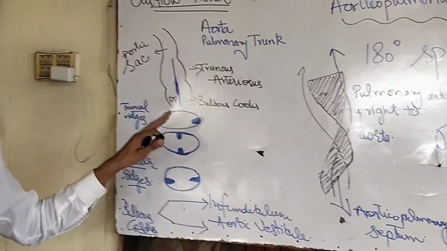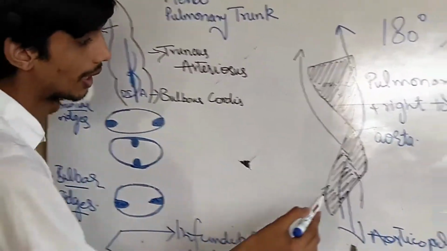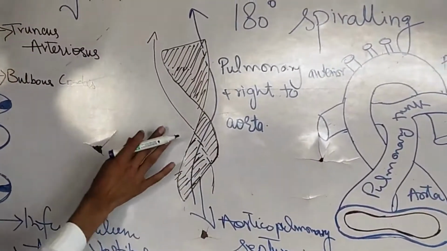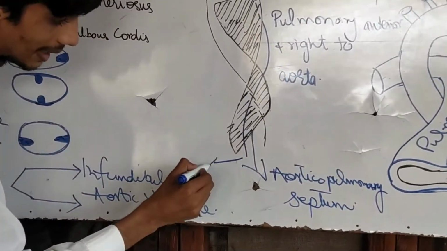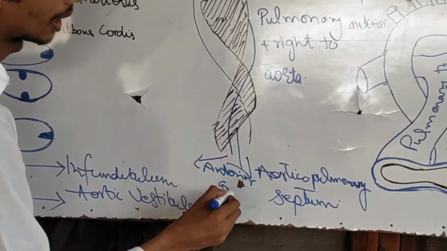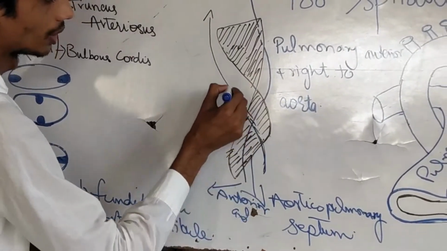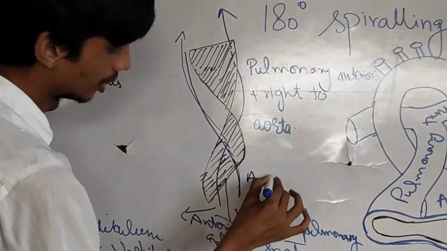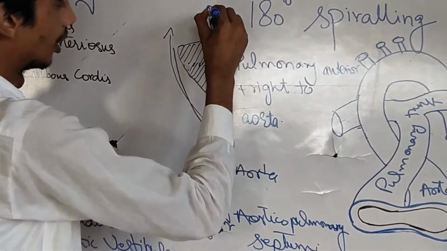This aorticopulmonary septum undergoes spiralization, like this. This spiralization causes the pulmonary trunk to be anterior and on the right side of that of the aorta. This arrow shows the track of the aorta, while this arrow shows the track of the pulmonary trunk.